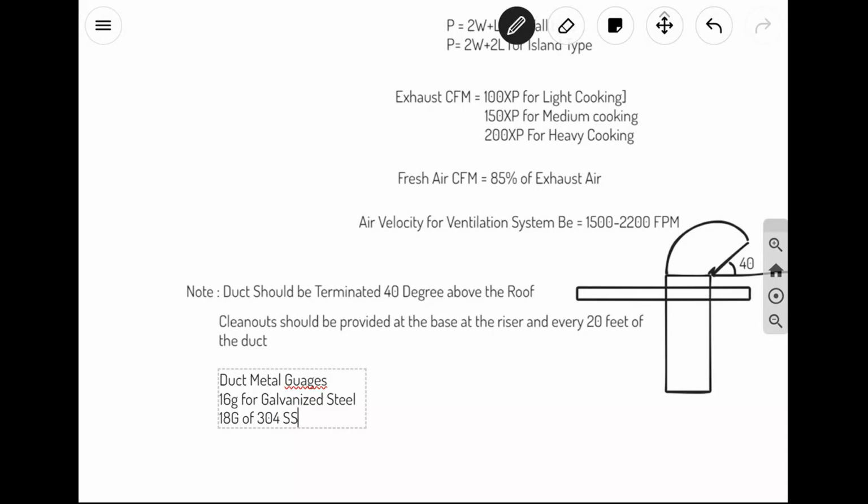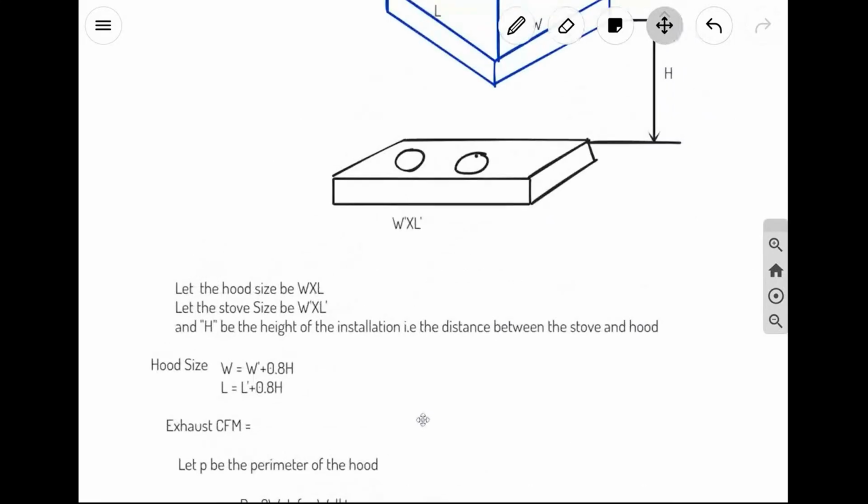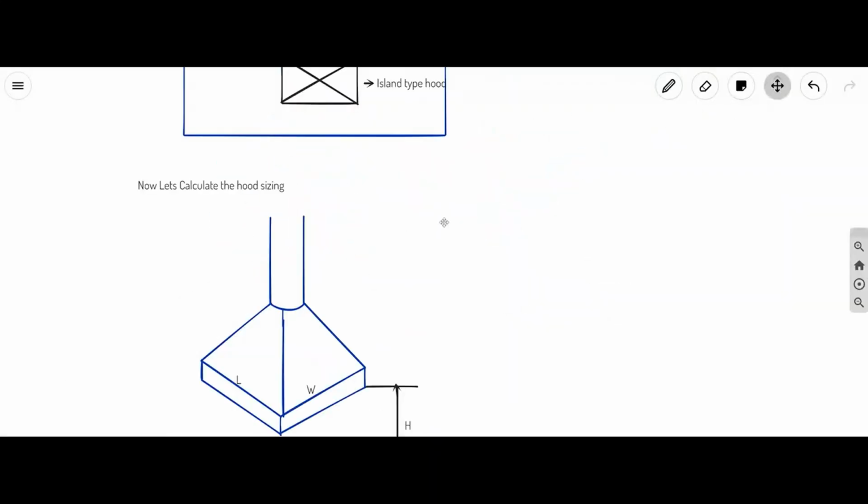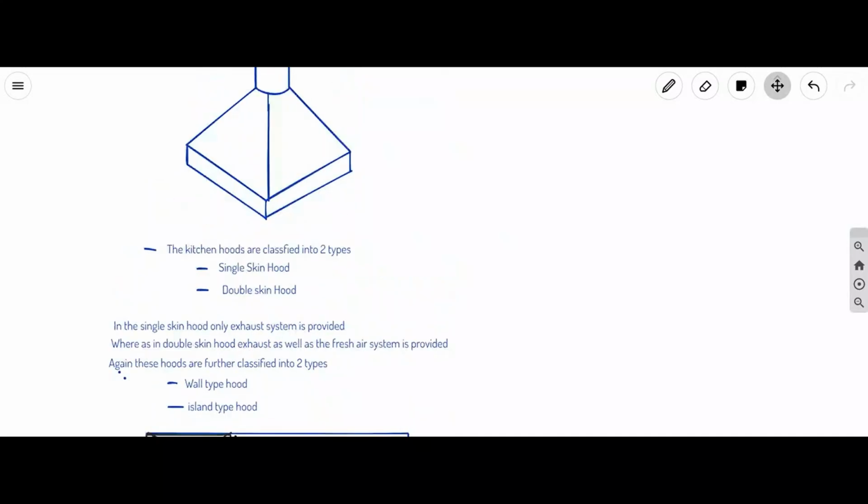These are the points we need to remember while designing the kitchen ventilation system. So simply make a note of this.